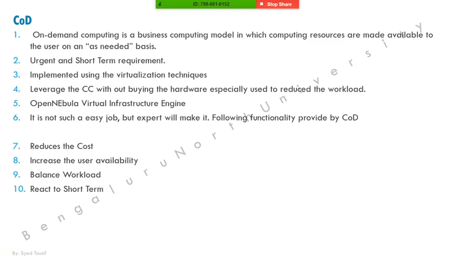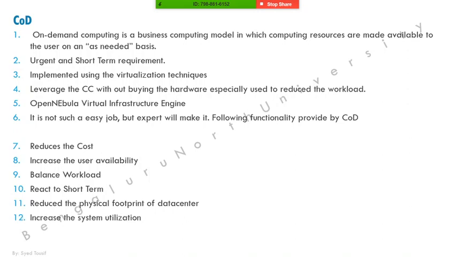It reacts to short term needs, which means we cannot take cloud on demand for the long term. If it is long term, then we can directly purchase it. It reduces the physical footprint of the data center, meaning the burden of the data and resources we have, and it reduces the physical burden also.